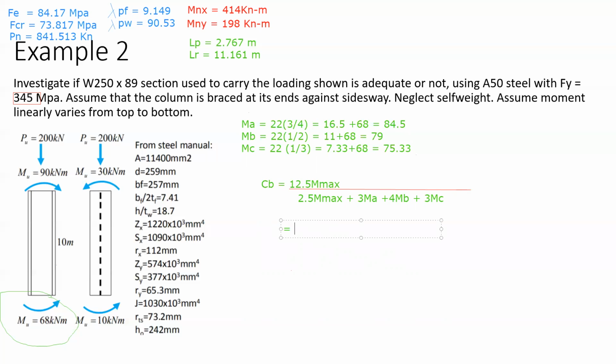So ang gagawin lang natin is to plot them. We have 12.5. Our maximum moment is given dito as 90 kilonewton meter.